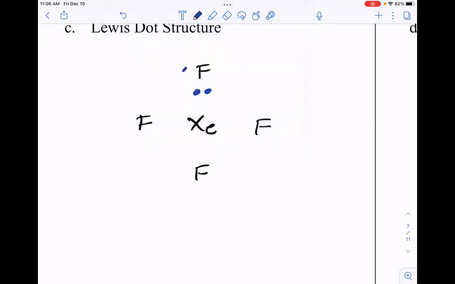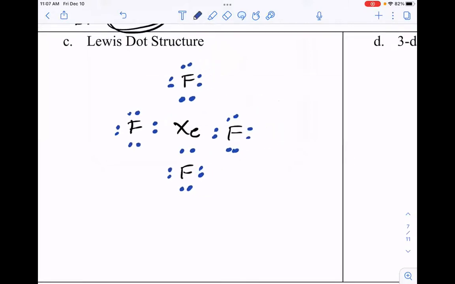So 1, 2, 3, 4, 5, 6, 7, 8, and the same for each of the four fluorines. How many electrons did I just use?